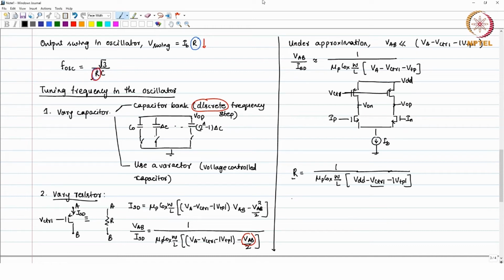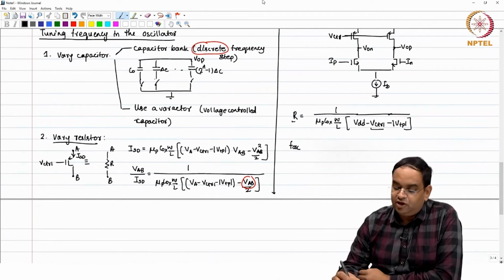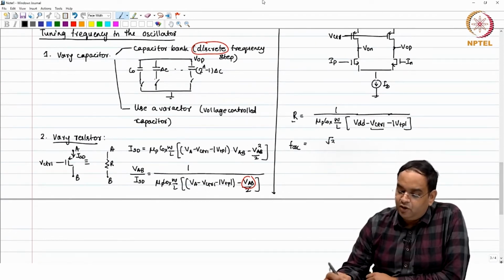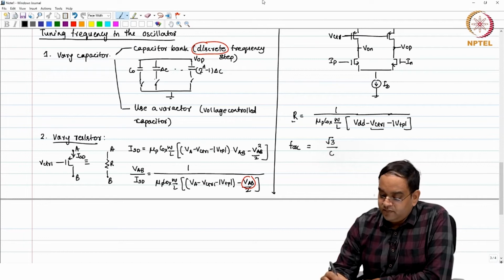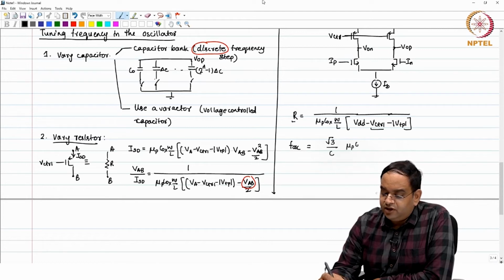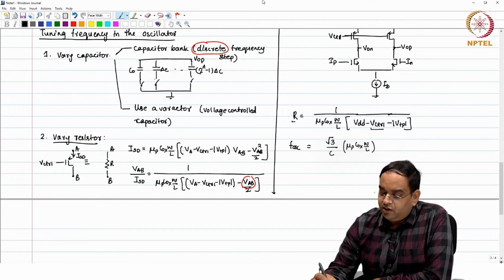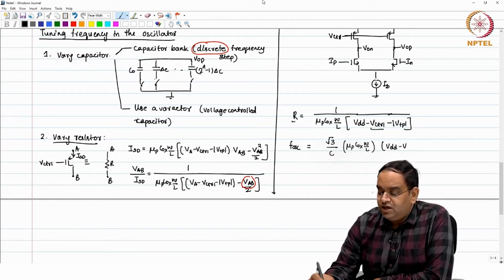So, now the frequency of oscillation, which was root 3 by RC, you will get here 1 over R, so what you are going to get is mu p Cox W by L into VDD minus V control minus mod VTP.